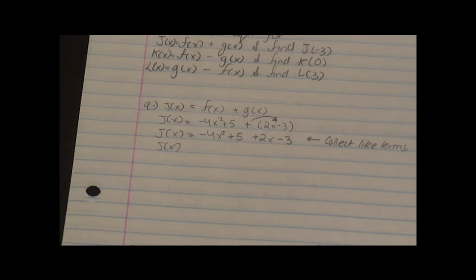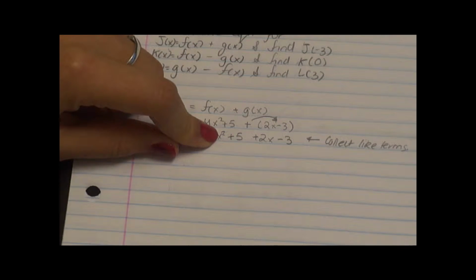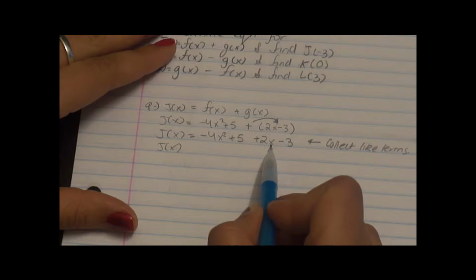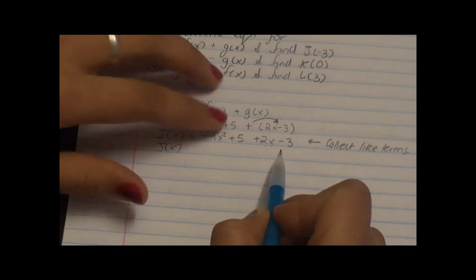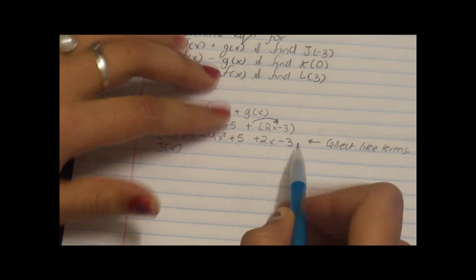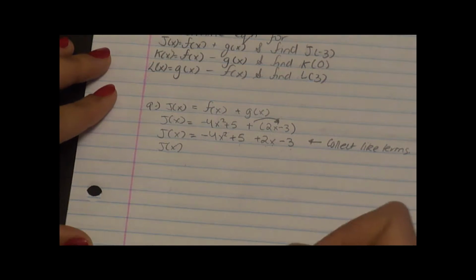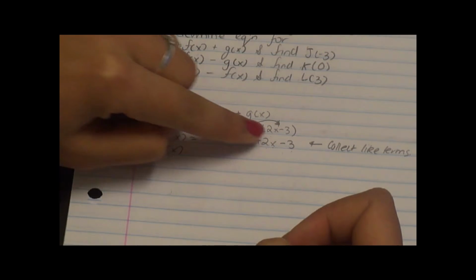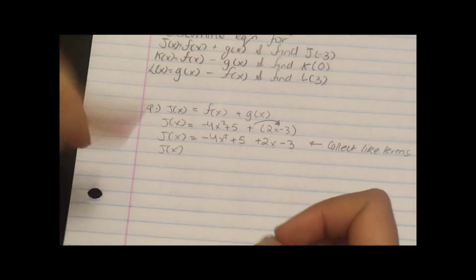Since there is no other x squared term, we don't have anything to collect for that. And there's no other x term in the equation either. But since 5 is a natural number and 3 is a natural number too, we'll collect those two together. To make it easier to understand, we'll write it as a quadratic equation: x squared first, then the linear term, and then the y-intercept.